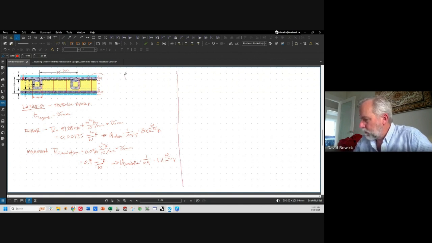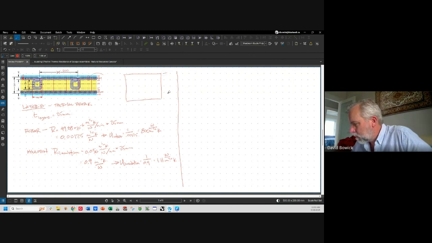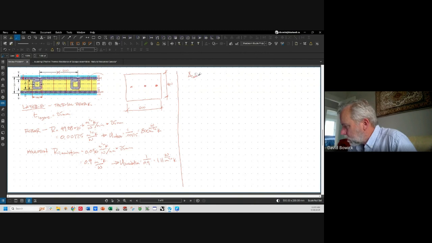we draw our elevation of this. 400 by 600 with 3 bars going through it, right? So we're going to say A rebar over A total.